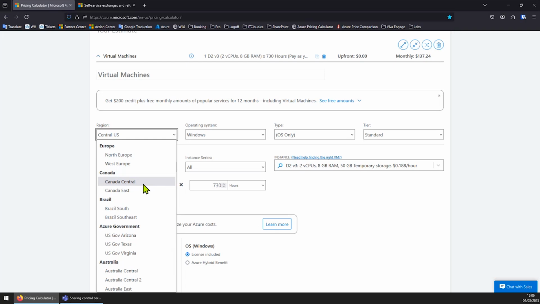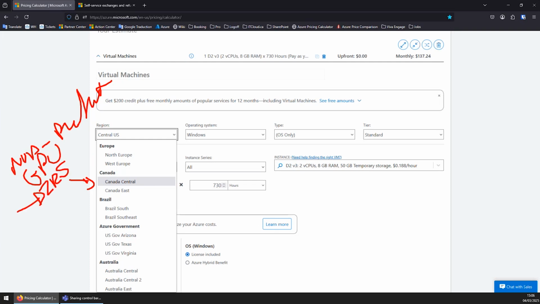Second part of the decision, what your customer needs. If your customer is a nonprofit, OBNL, something like that, with sponsorship, they need to move to Canada Central. If you need NVIDIA and AMD GPUs for CAD or something like that, or if you need ZRS, the zone redundancy, which is for a bigger customer, trust me, so it's not for SMB, you will need to pick Canada Central.